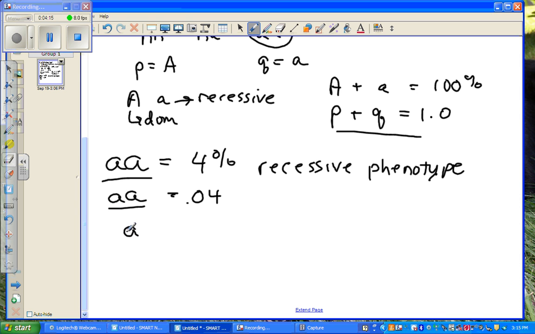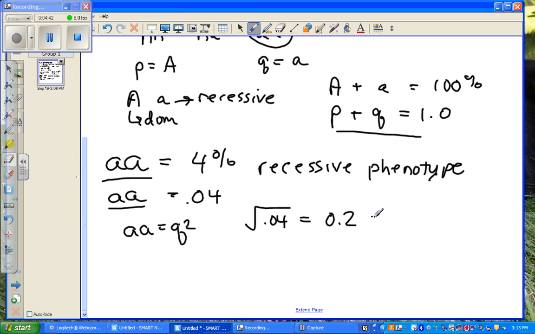From that, because we know that little a little a is equal to the value in the Hardy-Weinberg equation of q squared, we can take the frequency of little a and take the square root of it and come up with a value for q.